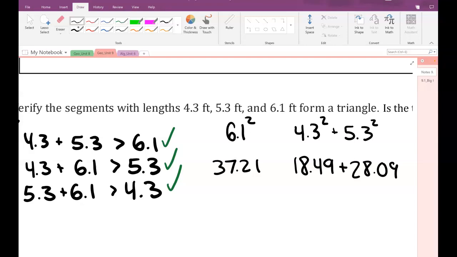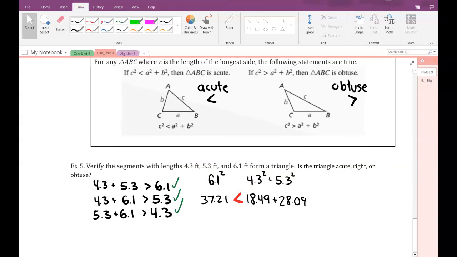And when we add these two together, our A squared plus B squared would be greater than our C squared value. So looking back at what it says, if our inequality mouth is facing the right, it's an acute triangle.